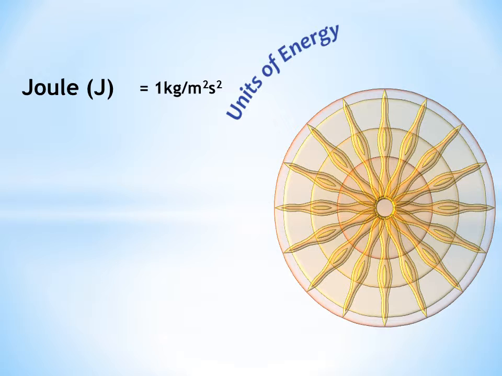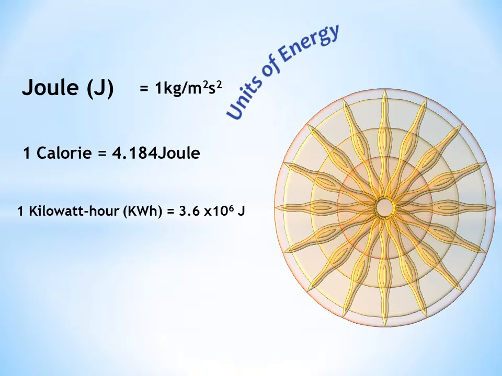A joule is a relatively small amount of energy. 1 calorie, which is also a unit of measure, is equal to 4.184 joules. Or you can also measure energy by kilowatt hour, which is equivalent to 3.6 times 10 to the 6 joules.